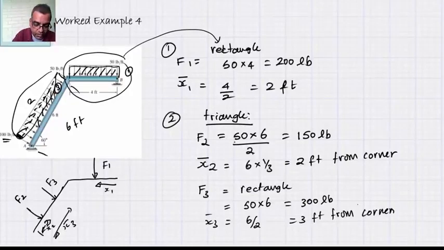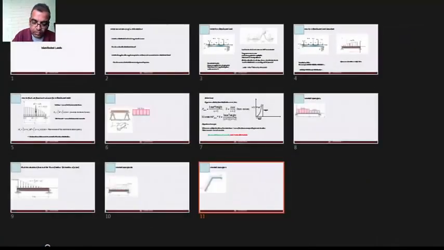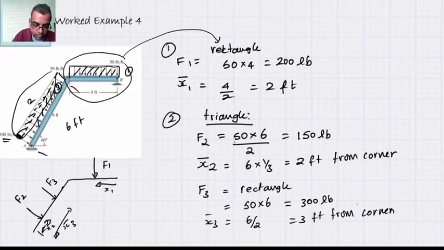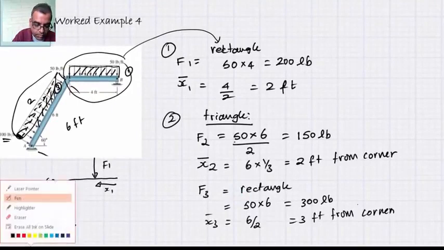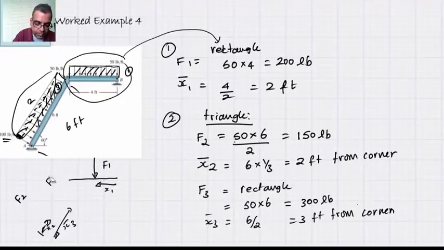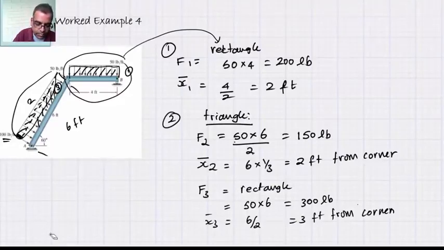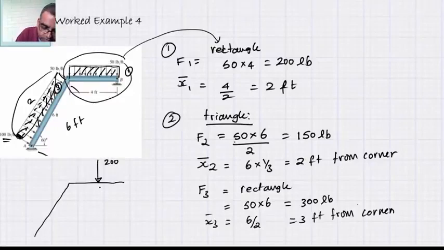Right? So let's draw this well. So I'm going to erase this. I'm going to draw this properly now. So what it looks like is this. F1 is here, and it was 200 pounds at a distance of 2 feet from the corner.